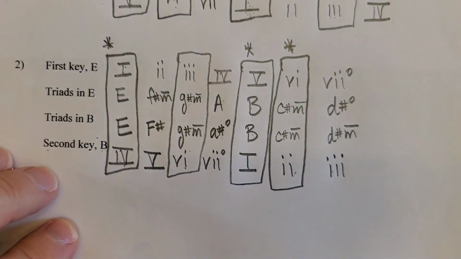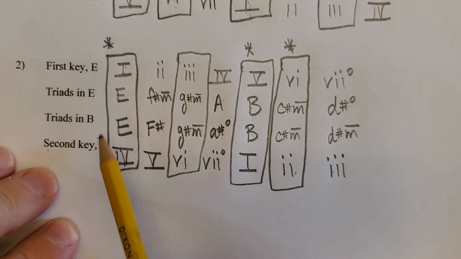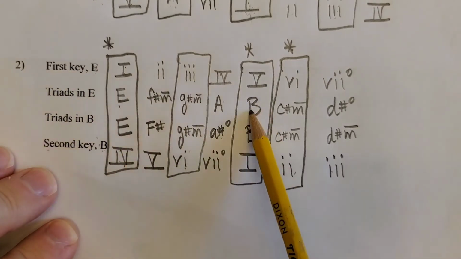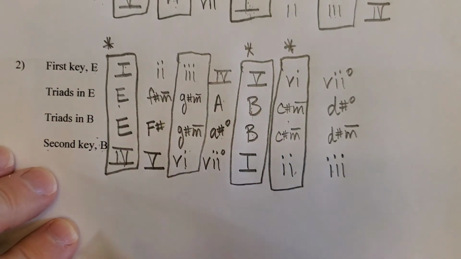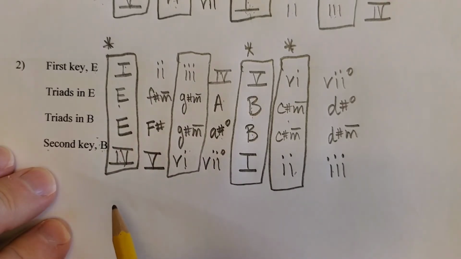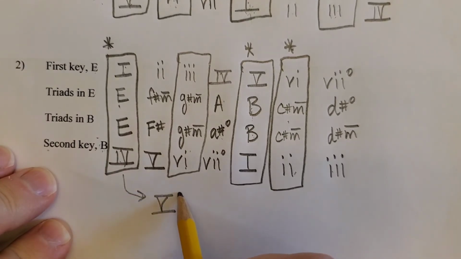So in this key relationship between E major and B major, these common chords are used more often than this one, simply because the next chord, usually after the common chord, is going to be the new dominant, the dominant in the new key.